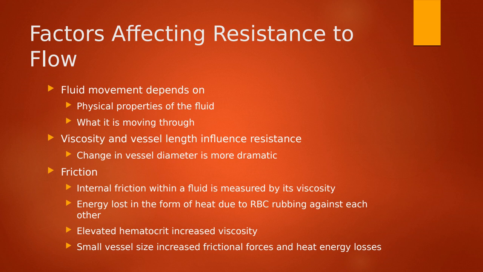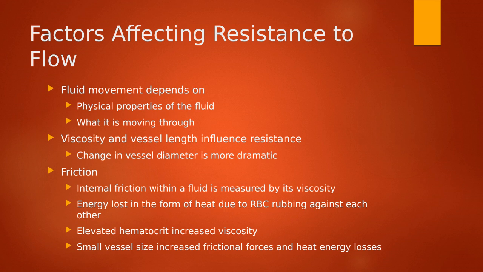So we're going to have internal friction within a fluid. We're going to determine how much friction will occur based on its viscosity. So the more viscous a fluid is, the thicker a fluid is, the more friction we're going to have. We're going to lose that energy in the form of heat, because the red blood cells are going to be rubbing up against each other, and that inherently is going to make them tired. So we're going to lose that energy from just blood being blood, in the form of heat.